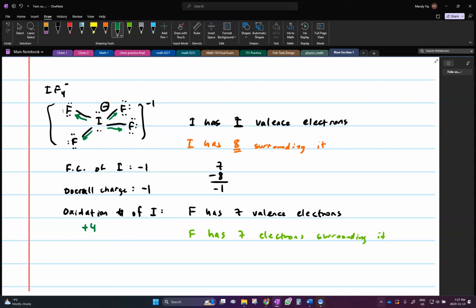Therefore, it's positive 4. Now, but look, iodine started out with an extra negative charge. So we have to count for that. So we have to add -1. That means the oxidation number of iodine is plus 4 plus -1, so plus 4 minus 1, and that's plus 3. So that's how you do that.